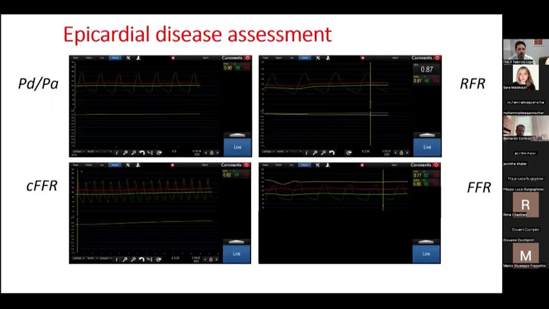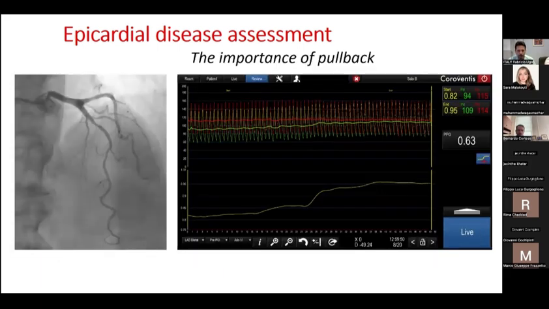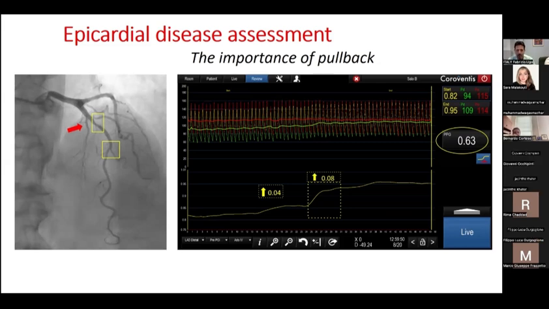We have four parameters: Pd/Pa ratio, RFR, contrast FFR, or normal FFR, and also the pullback. I believe in the pullback, because it can provide the correct point when we have a jump, and whether a stenosis is critical or not, in terms of a jump or drop of FFR.